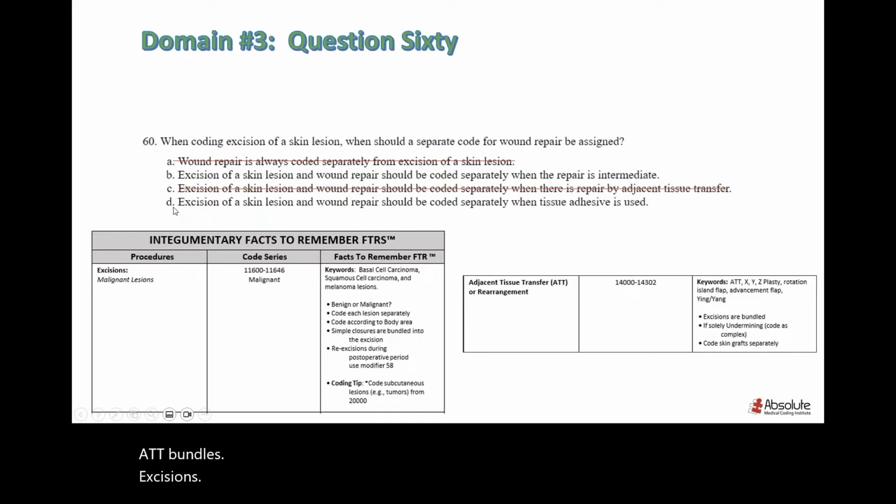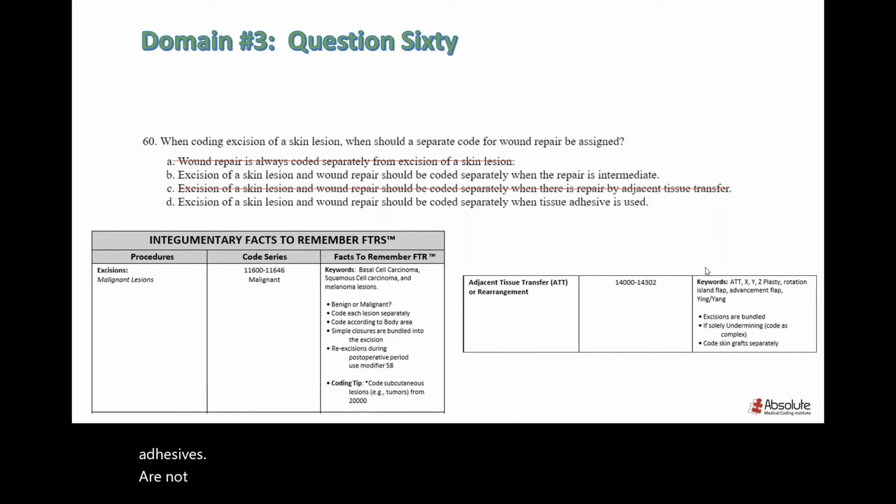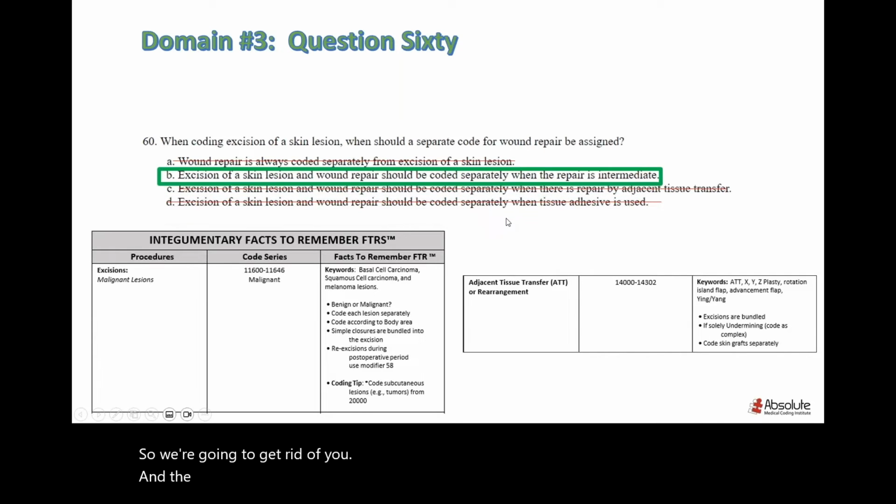All right, and D, excision of a skin lesion and wound repair should be coded separately when the tissue adhesive is used. I didn't have room to put up the repair guideline, but tissue adhesives are not even coded. They're bundled. So we're going to get rid of you. And the answer is B.